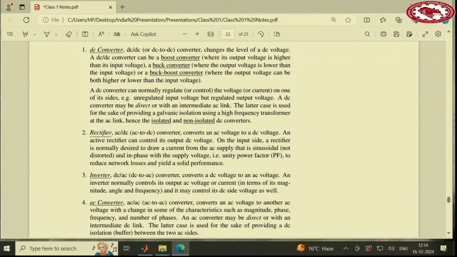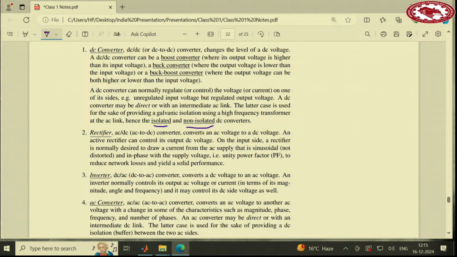So some of these DC-DC converters give you isolation, and some of them do not. Especially in the context of DC-DC converters, we have isolated and non-isolated converters, and this terminology is very much used. By isolation, we mean galvanic isolation between two sides.